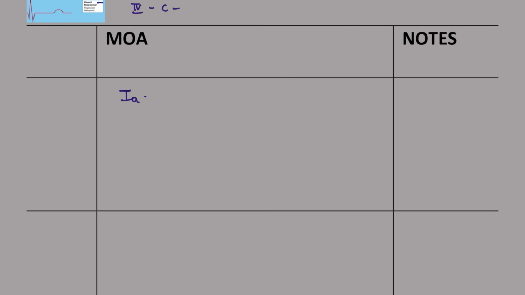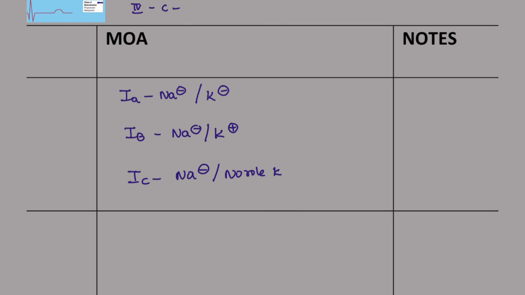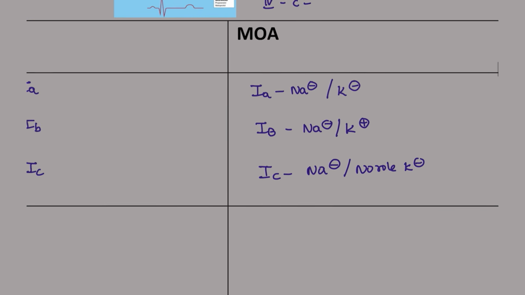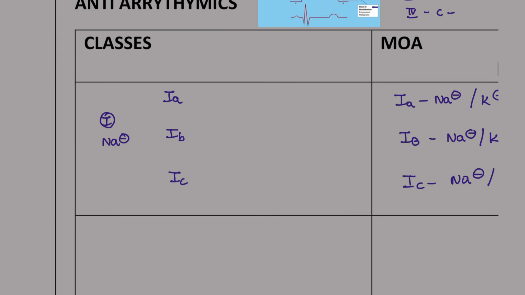Class 1A blocks the sodium channel as well as the potassium channel. Next, 1B blocks the sodium channel, but the potassium channel is open. Next, 1C blocks the sodium channel, but has no role on the potassium. This is the main mechanism of the different drugs.